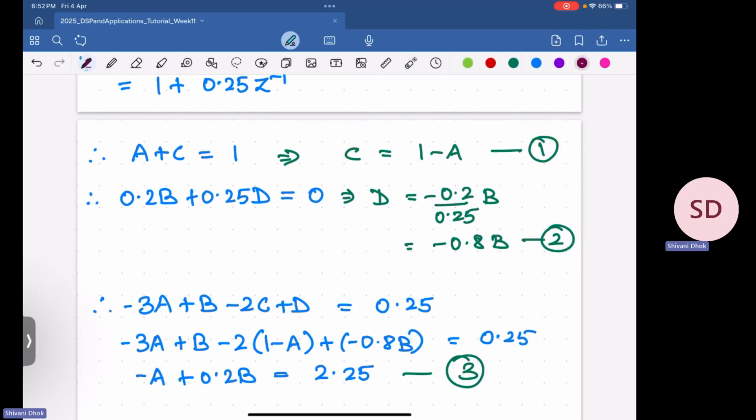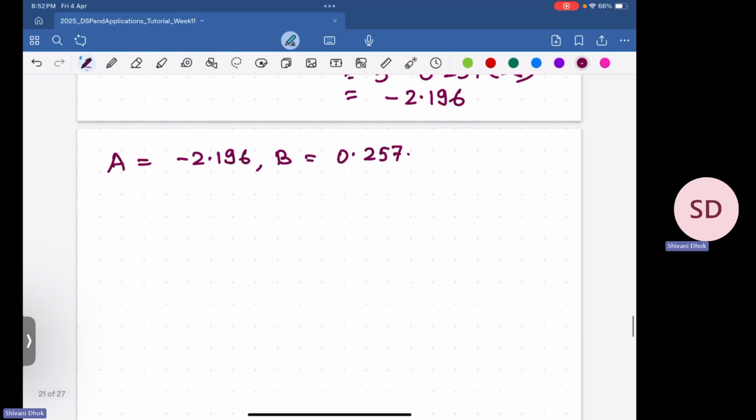So what does equation 1 imply? Equation 1 implies c is equal to 1 minus a, which is equal to 1 minus (minus 2.196). This comes out to be equal to 3.196.